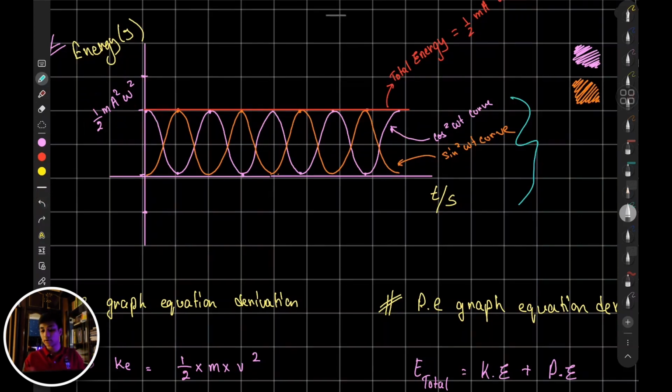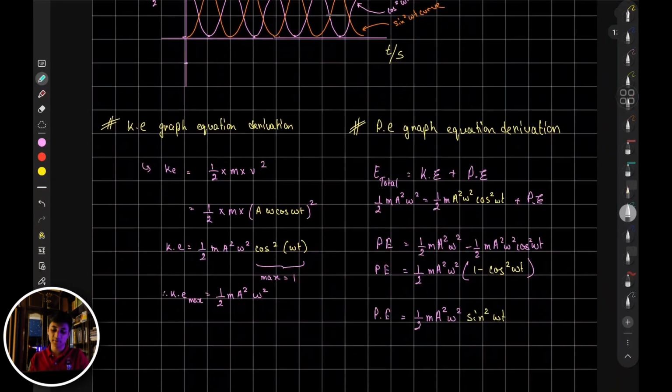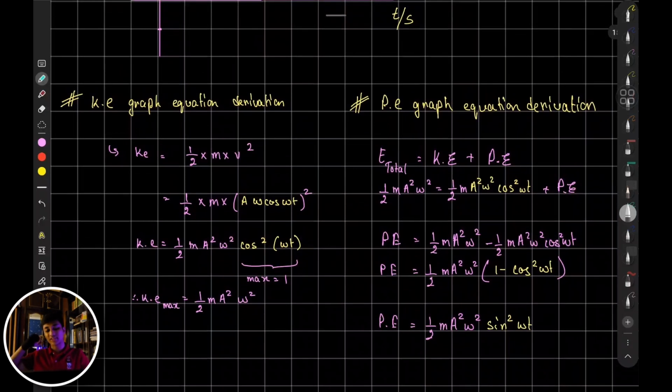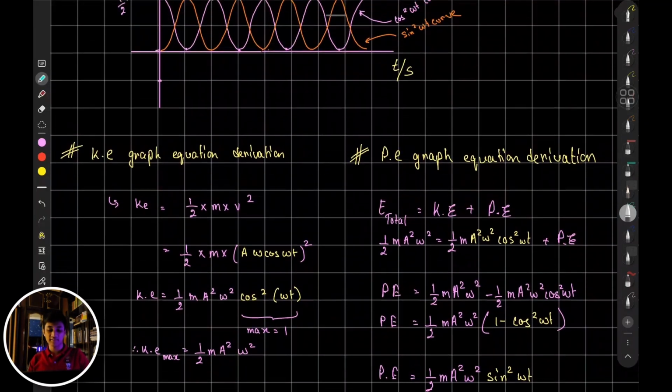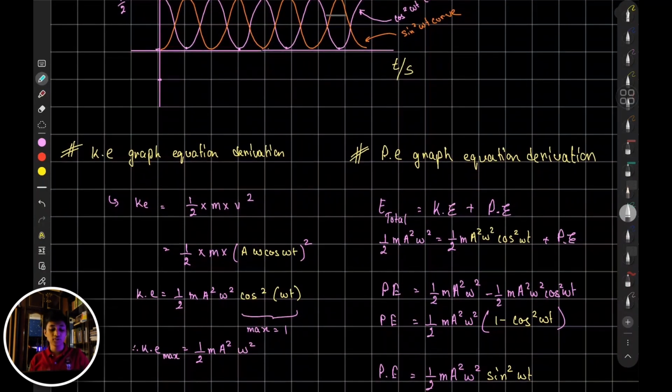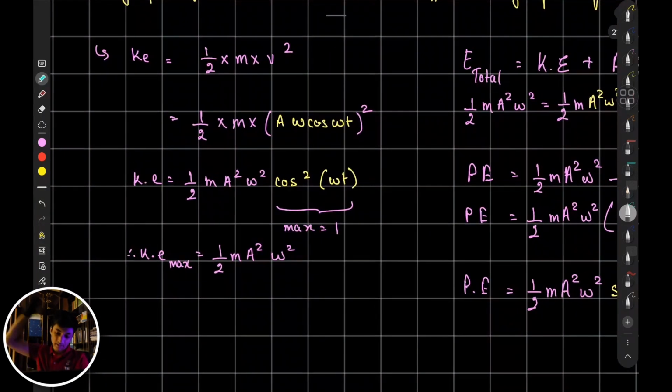Great. So how are we getting the equations? You don't need the equation, but I'm still going to show it. For kinetic energy, the graph equation is derived as, the equation for kinetic energy is half m v squared. So plug in the equation for velocity, which is a omega or v naught cos omega t, whole square. Now, what happens is, after you square the values, a omega becomes squared.